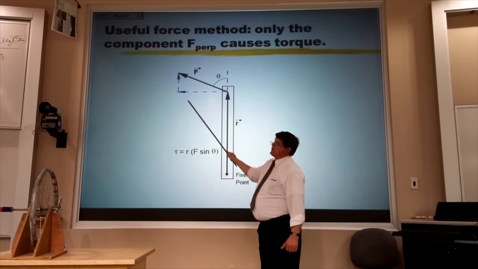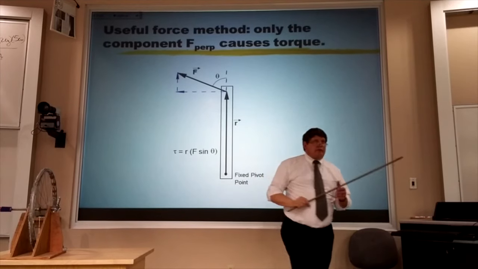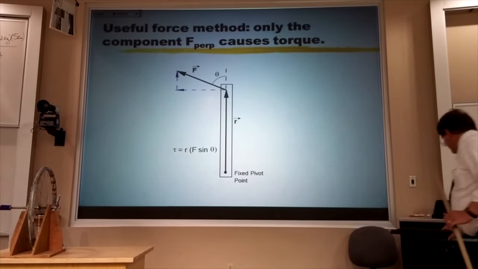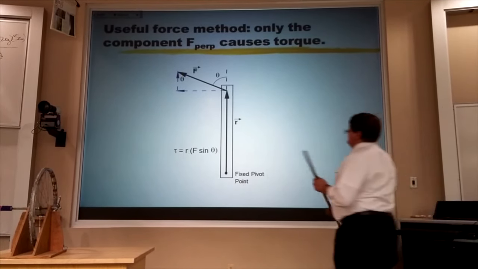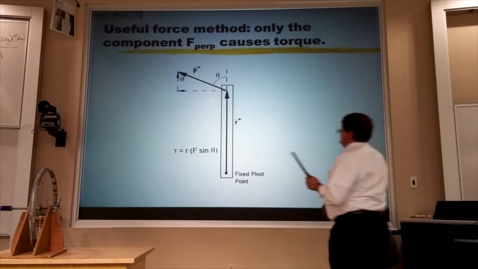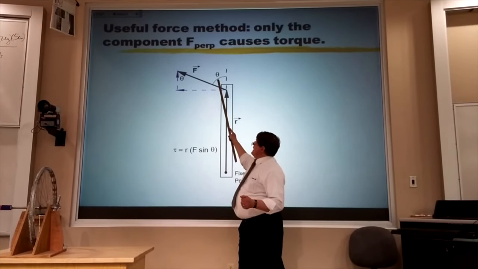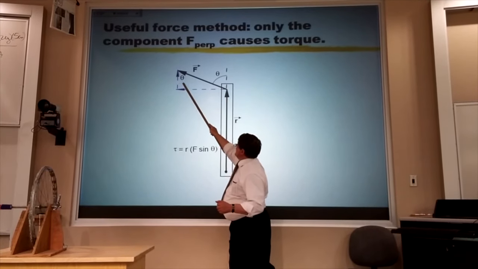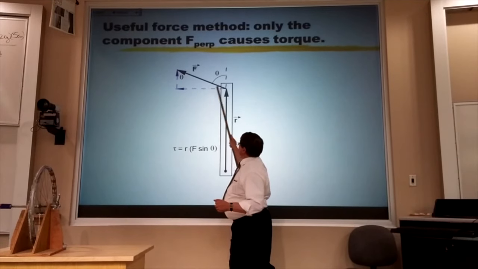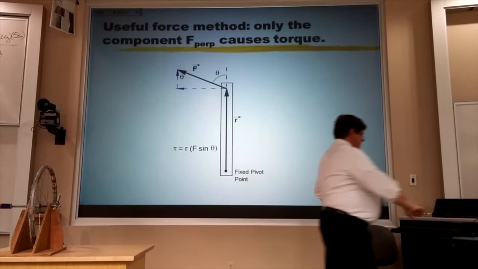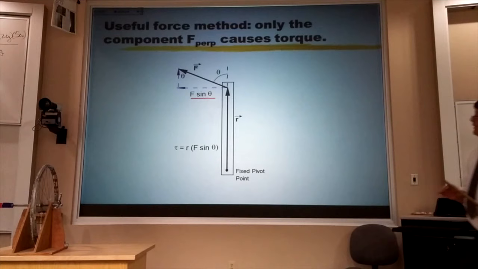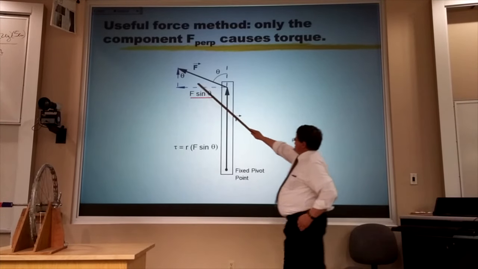This is the only part that's useful for causing rotation. Now if I use a little math, trig, actually geometry, this angle has to be that angle by opposite interior angles. And now I use a little trig. This is my right triangle. So this is the opposite side, and that's going to be the force times the sine of that angle.